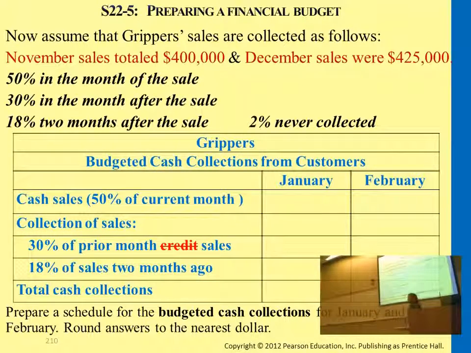Basically, what I crossed out credits because it's 30% of the entire sales revenue. So it's not just a credit portion, right?